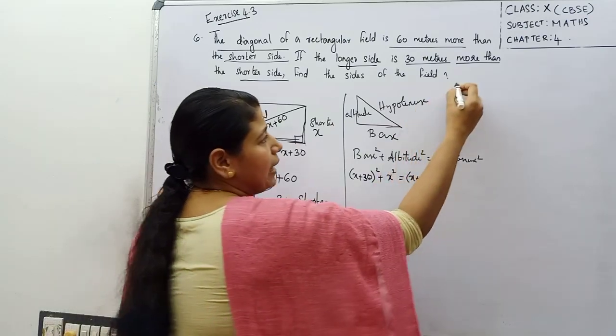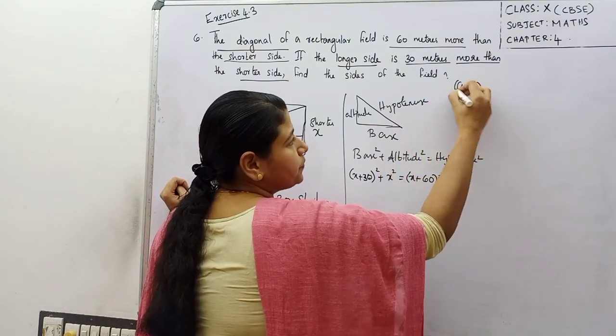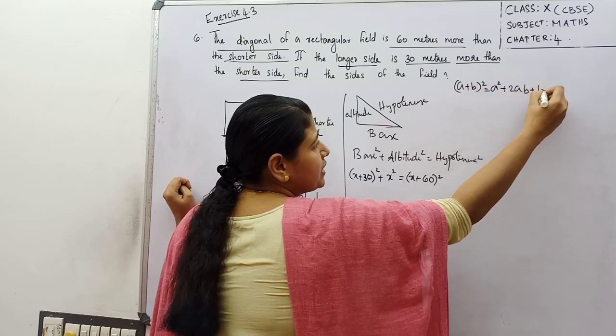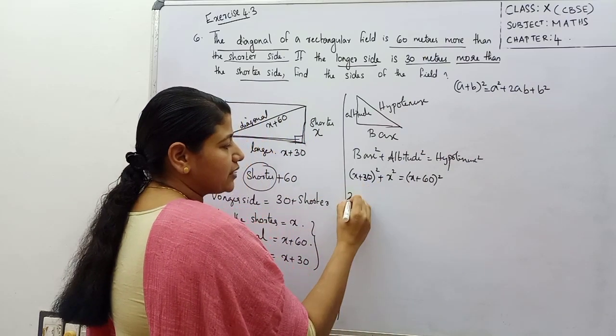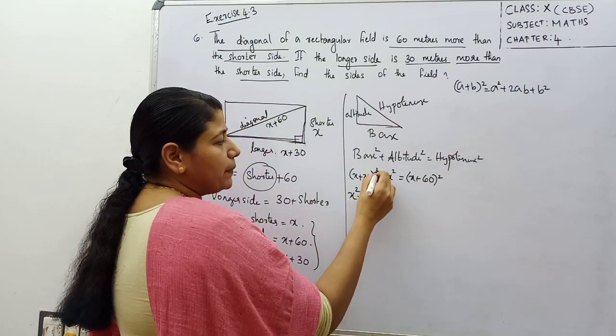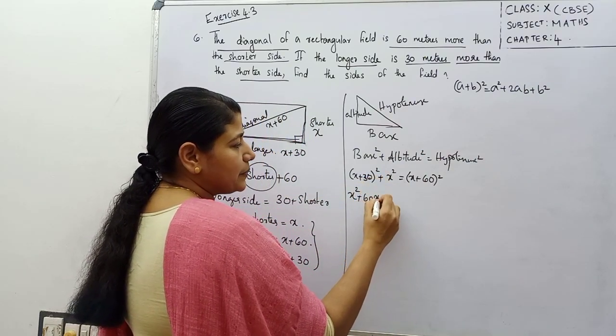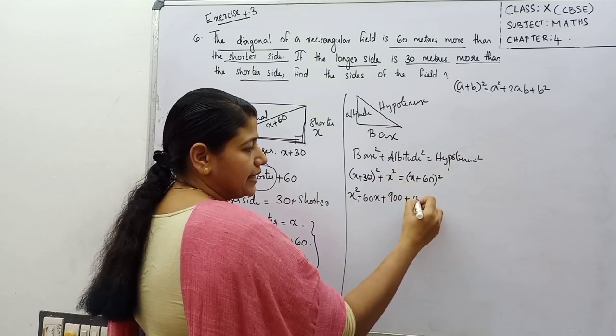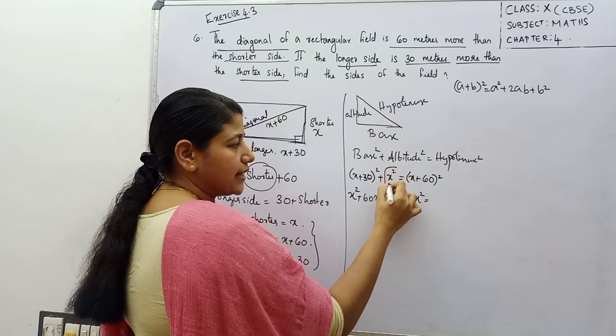We know that (a plus b) whole square equals a square plus 2ab plus b square. So here it is x square plus 2 into 30 is 60x plus 30 square is 900, plus again x square. Don't forget to write this x square.